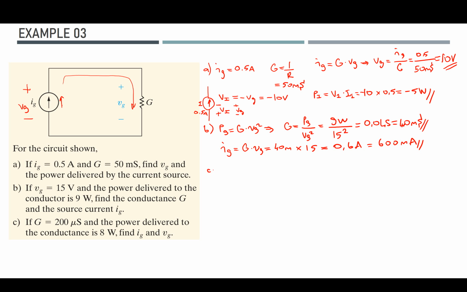In part C, if the G is 200 microsiemens and we know the power, then we are asked to calculate the Ig and Vg.